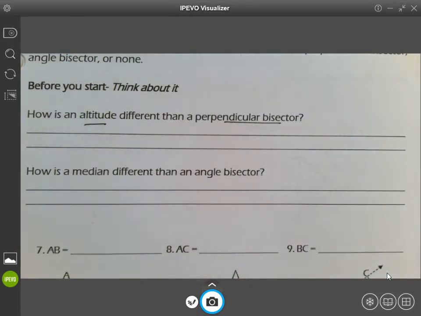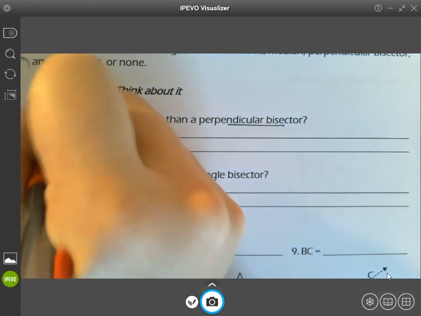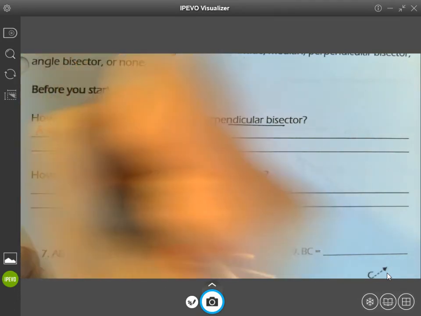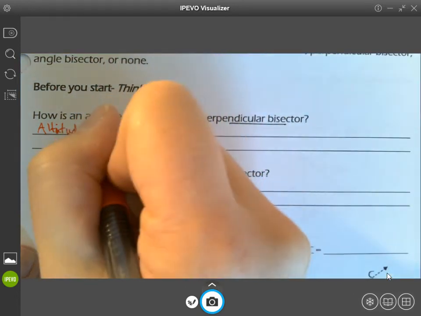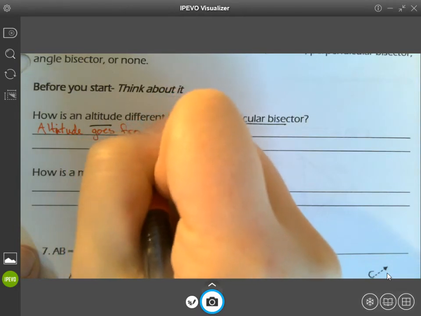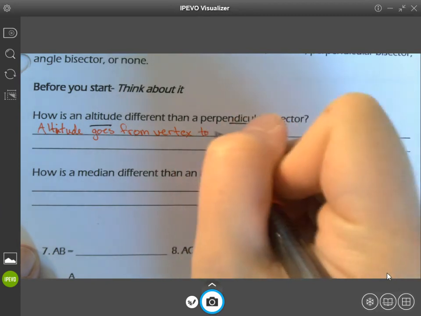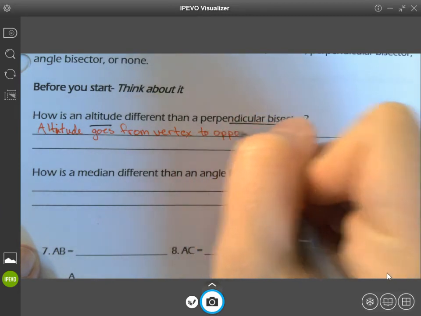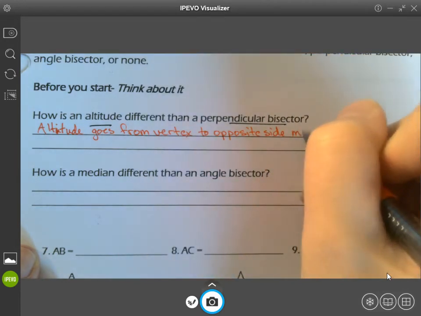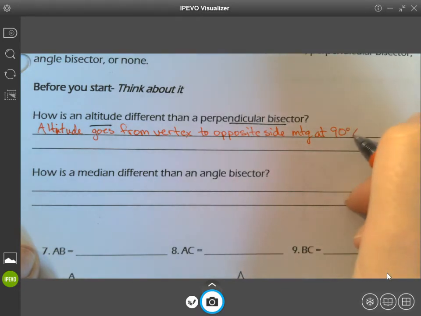But an angle bisector does not. So, for a perpendicular bisector. So altitude, oh boy. Maybe you should do this, Mr. Adams. Altitude goes from vertex to opposite side, meeting, I'm doing MTG for meeting, at 90-degree angle or right angle.